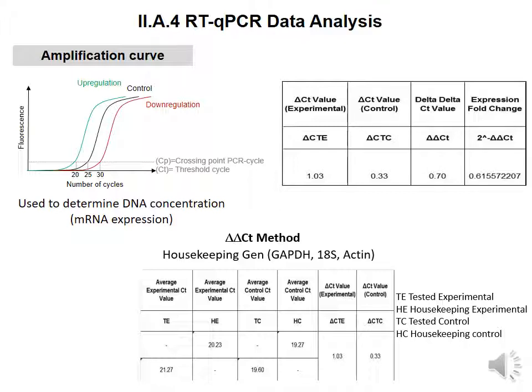If the values were higher than 1, then you could start considering those being upregulated. And we will do some problems at the end of the video to practice how to calculate the delta CT method, and also in class we can practice more on this issue.